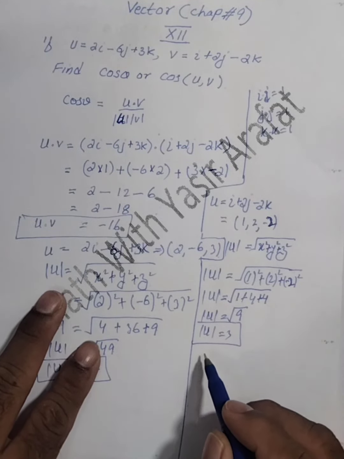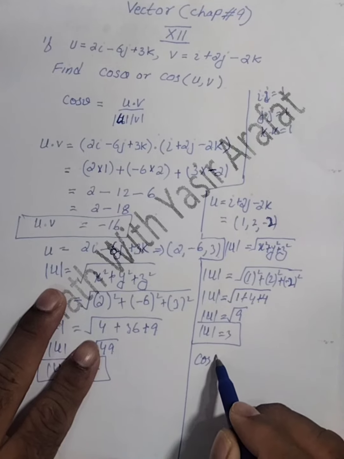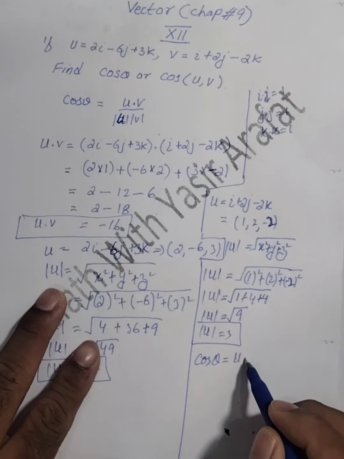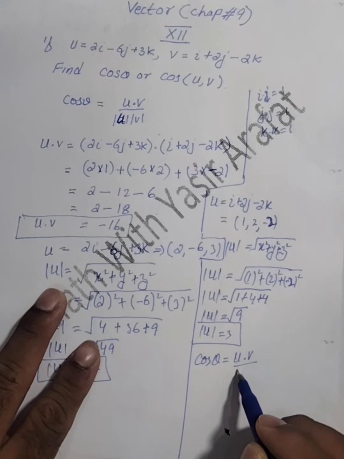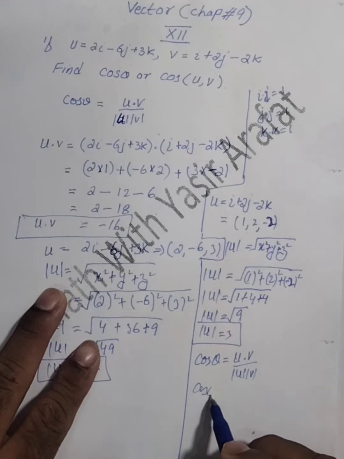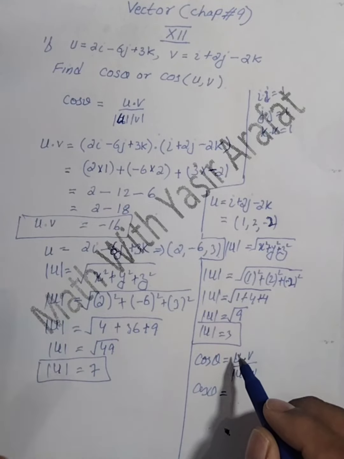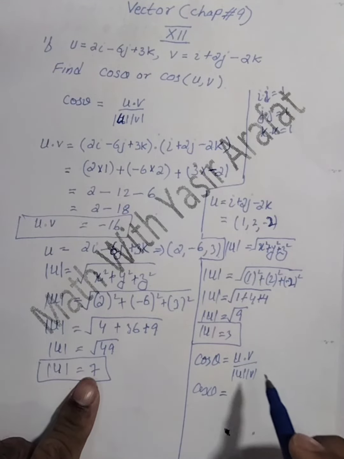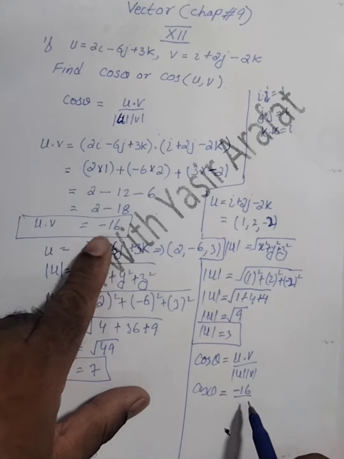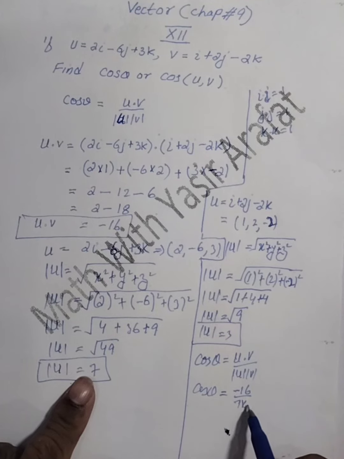Now we are able to find out the cos theta or cos u comma v, that is the dot product of two vectors over the product of the modulus of two vectors. So this is the answer here, the dot product is minus 16 over 7 multiplied by 3.